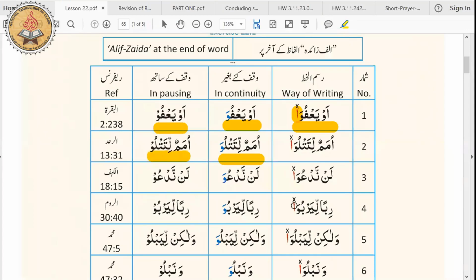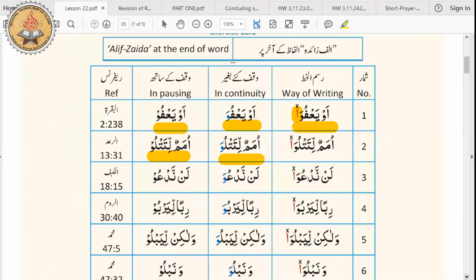Excellent. And how you read it when you are pausing on it? So, a bit more of a longer lu sound. Well done, mashallah. You read really, really well. Jazakallah A1127.